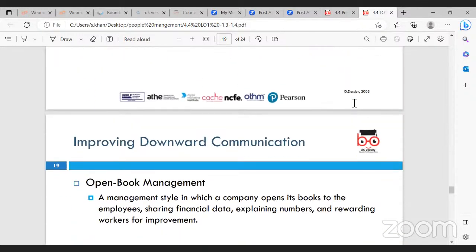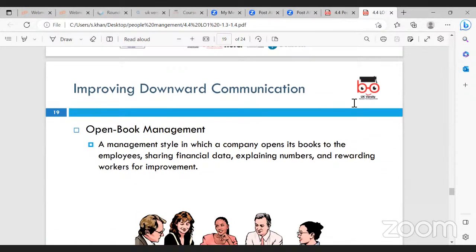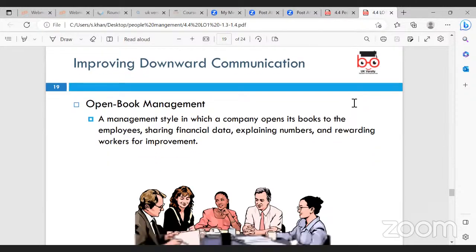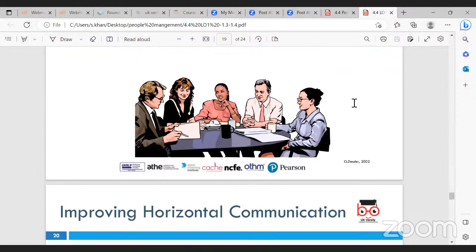Improving downward communication, as we said, an open door. A company which opens its books, its financial data, its numbers, out to employees is called open book management, and it makes the workers feel that they are involved in the company.